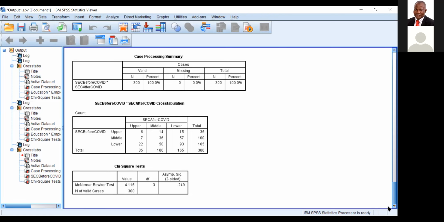If I want to put percentage, what I do is 35 over 300, 100 over 300, and we do the same thing for the others. We don't put the percentage in the middle because those are the changes. But when you arrange the table like this, you put the percentage along the periphery. Any question?